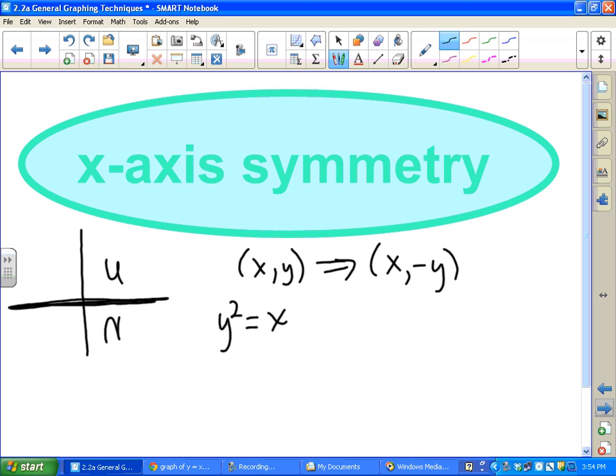One way that you could graph this is to make a table of values. And you could say if x was 1, then y would be the square root of 1. If x was 4, then y would be 2. I have that backwards.